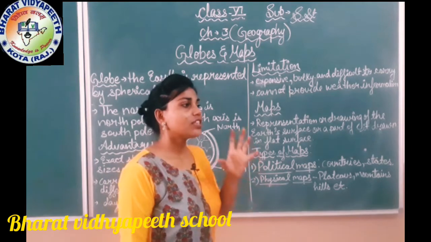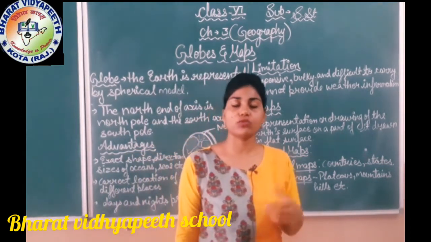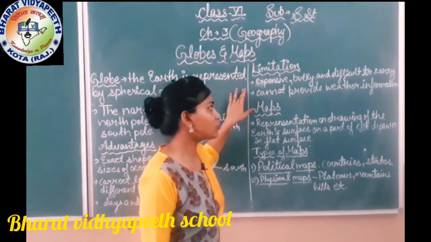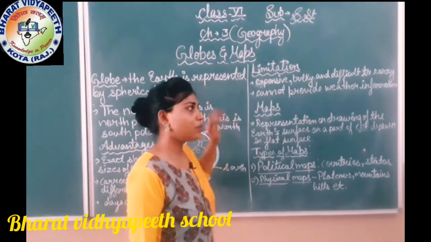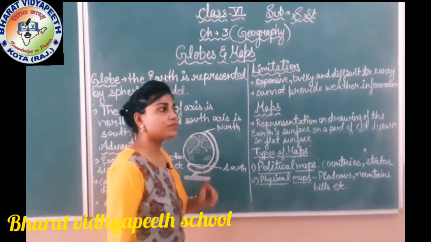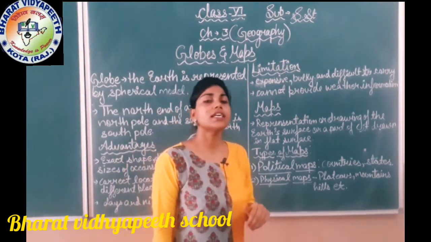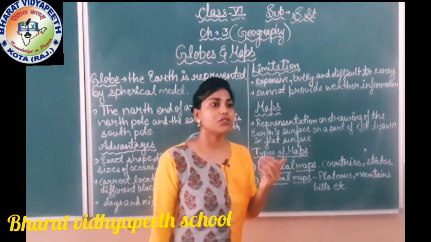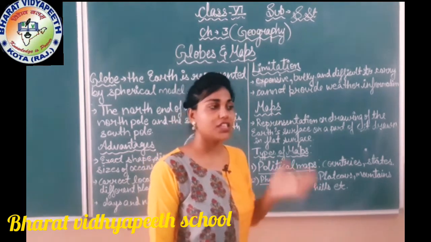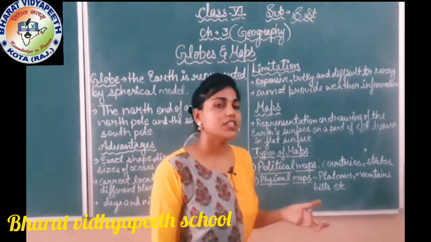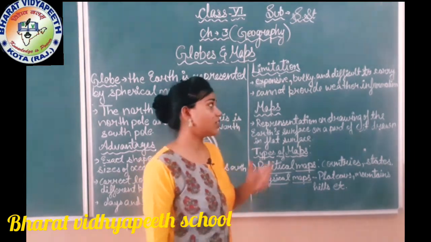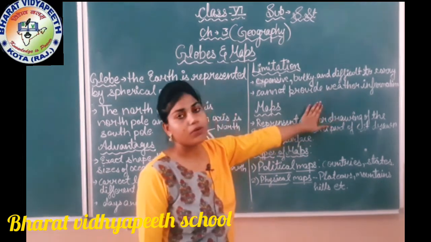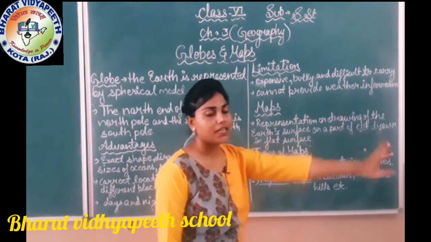We need something which can be easily carried in our bag while traveling. The second limitation of the globe is that it does not tell about weather conditions, like where rainfall will occur and where it will not, where it is summer and where it is winter. Weather conditions are not told by the globe.